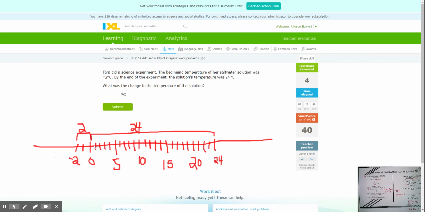Because we have to do from 0 to 24, and then we also have to count these other 2 that are below 0. So if you draw a number line and you're trying to figure out how far apart you are on something, this is the easiest way to represent that it's not 22. You don't say 24 minus 2. You say that would actually be 24 minus -2.